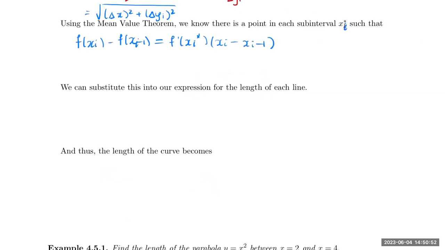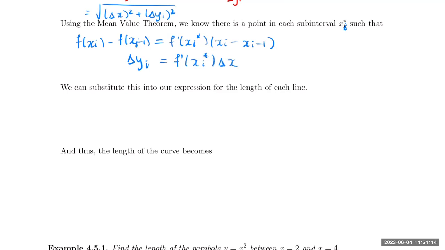Okay, so because of this, we could then write delta y on the left-hand side from this. So we have delta y_i. This can then be written as f prime of x_i star times delta x.